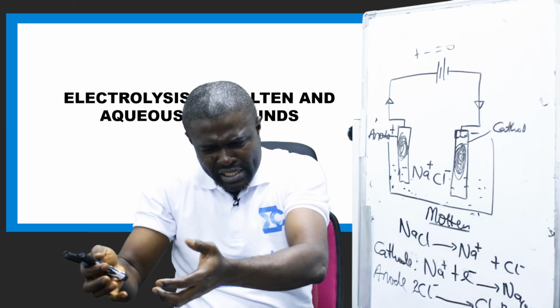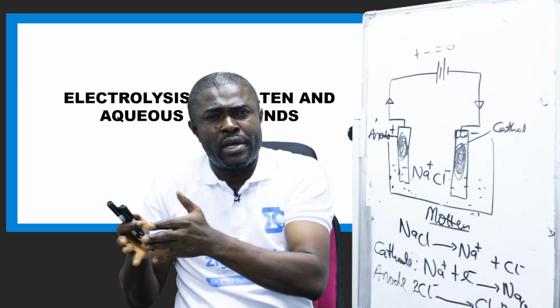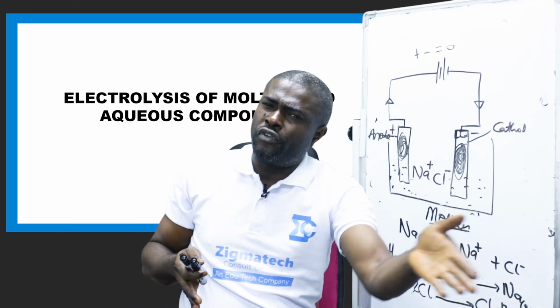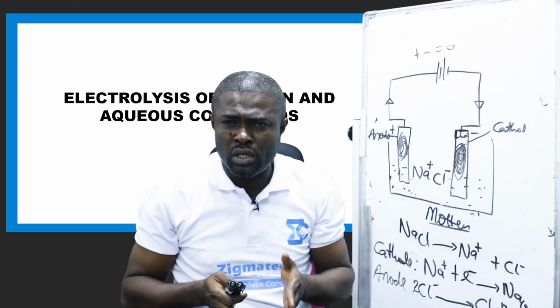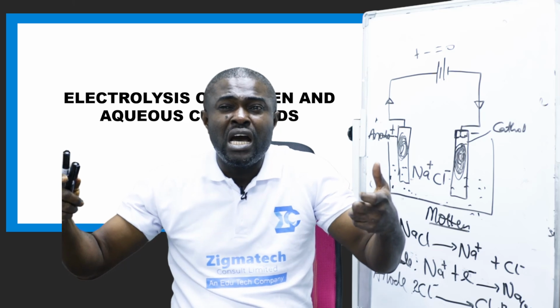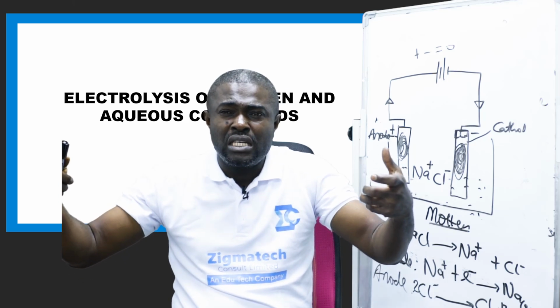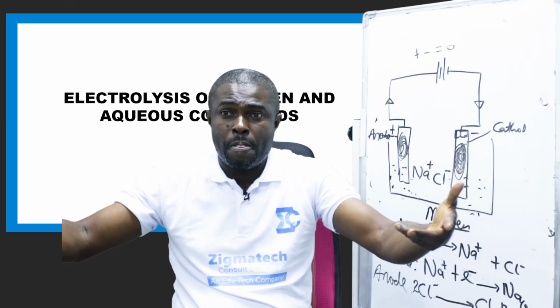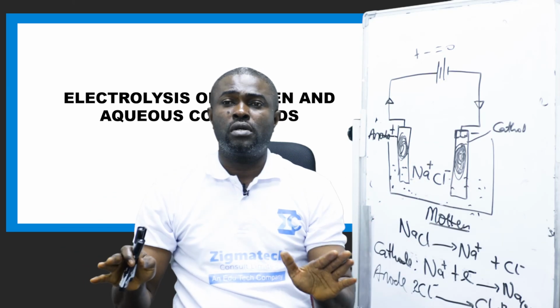At the cathode, there is gain of electron, which is what? Reduction reaction. And what happens at the anode? At the anode, there will be loss of electron, which is what? Oxidation reaction. Each of them produces a neutral atom, which is deposited in their various what? Those various rods. That is understood.